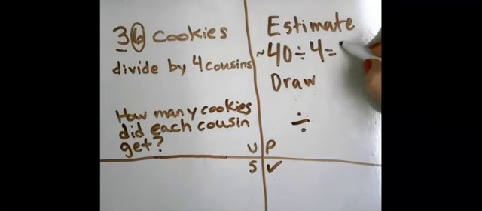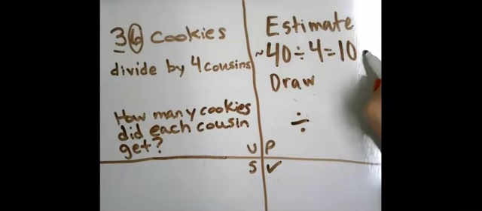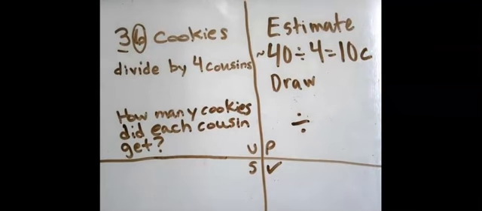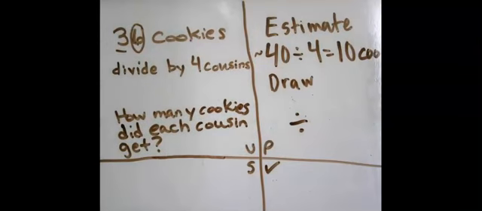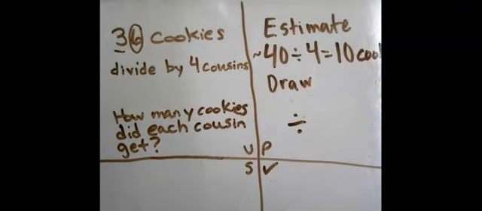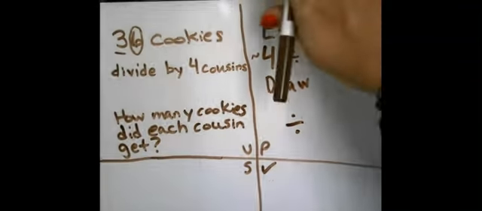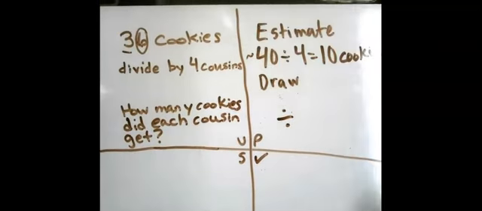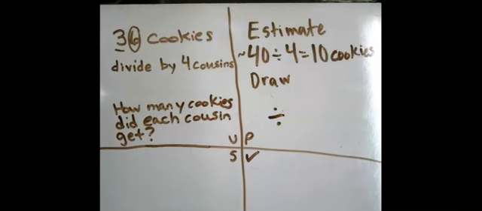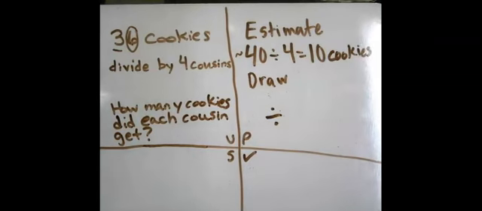That's going to give each cousin approximately 10 cookies. All right, so we know our answer is going to be approximately 10 cookies that each of them receives or gets.